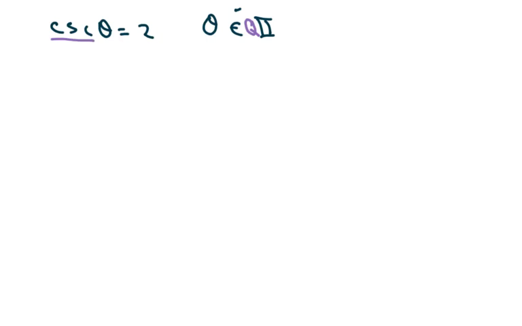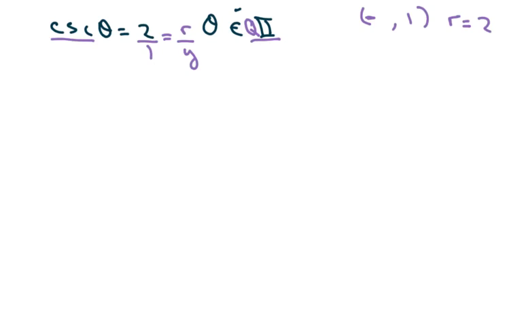I want to put this in fraction form. Cosecant goes with sine, so this is r, and sine is with y. So I have my y, I have my r, and in quadrant 2 my x is negative. All I have to do now is solve for my x.